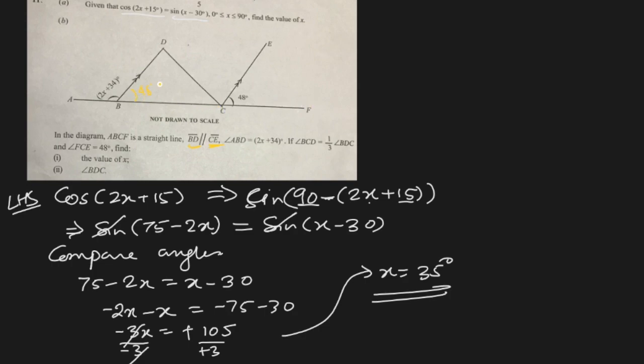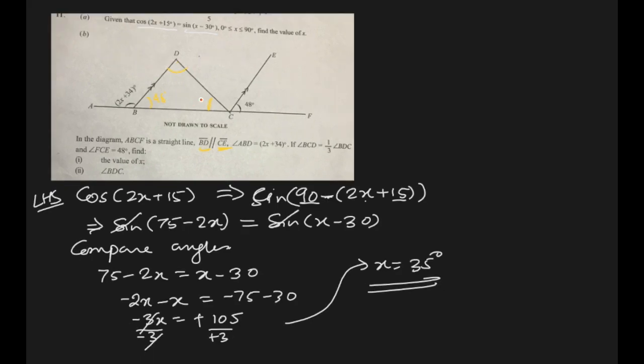And they have given 2x + 34 outside here, and angle BCD is 1/3 of BDC. That means if this is y, this will be 3y, so the smaller angle is 1/3 of this angle.